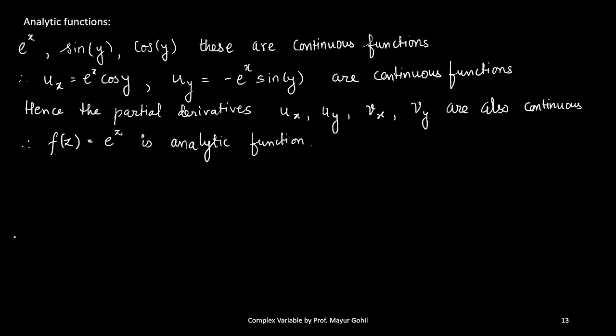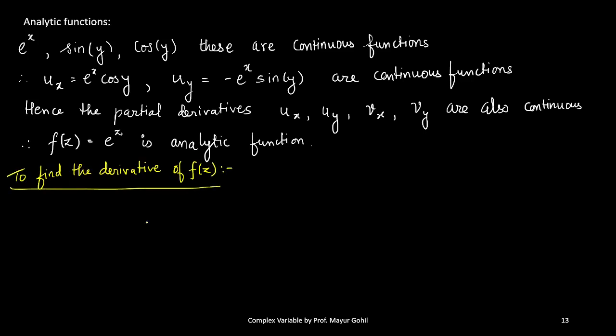Now we go for finding the derivative. Let us see how to handle it. We have the formula f dash of z is equal to ux plus i vx, where I mean the partial derivatives. We have already taken that formula.